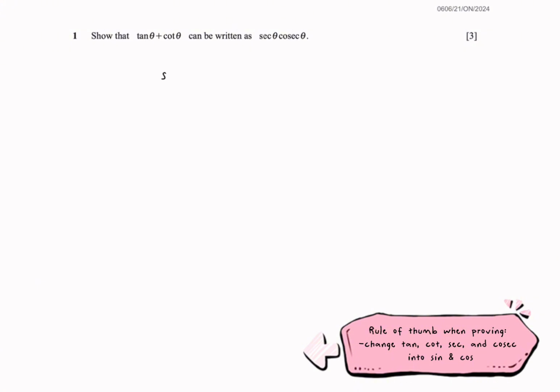Tan theta is equal to sine theta over cos theta. And then cot theta is just 1 over tan theta, so it's the inverse of tan theta. So it's cos theta over sine theta.